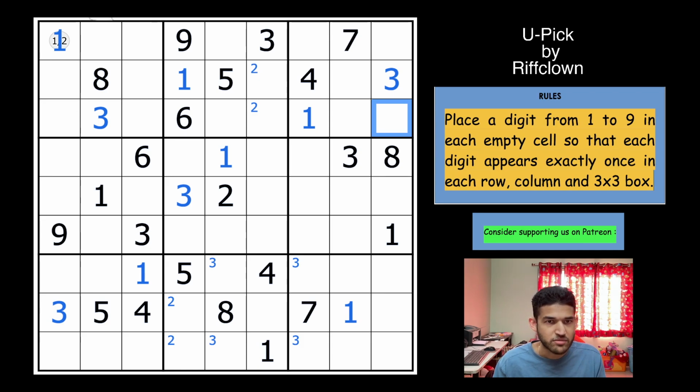4 is not in column 6, so 4 goes here, and that gives a 4 here. So you may see that I'm going slightly faster. The reason is that we are solving one more classic which is a little harder, so that's why I'm going a little faster on this easy one. So 4 in row 7, row 8, so that gives 4 in this domino.